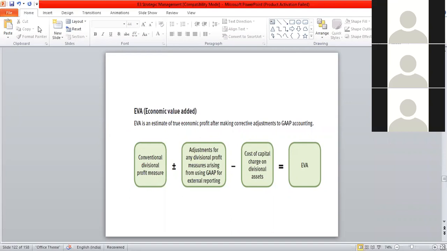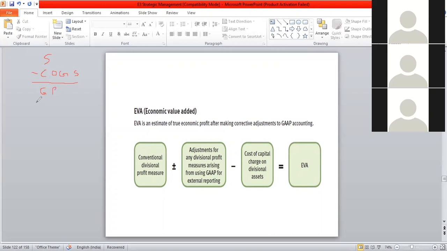See, the income statement has sales minus cost of goods sold, which is gross profit.